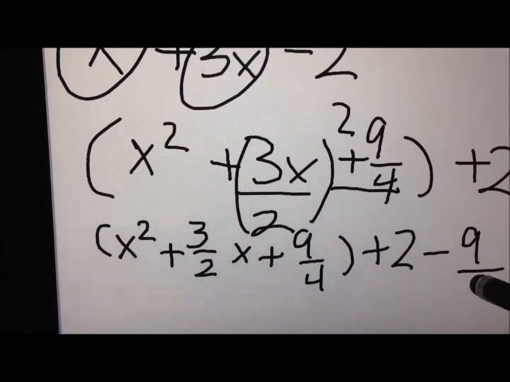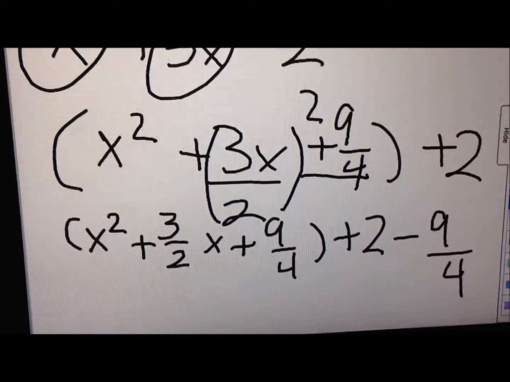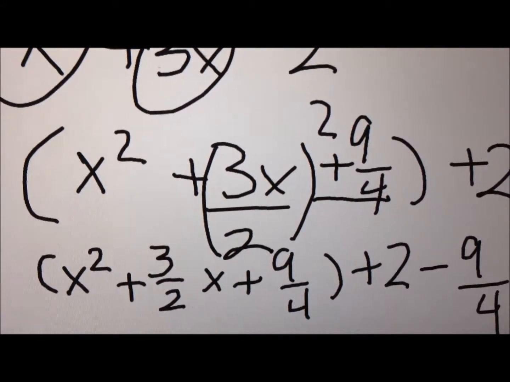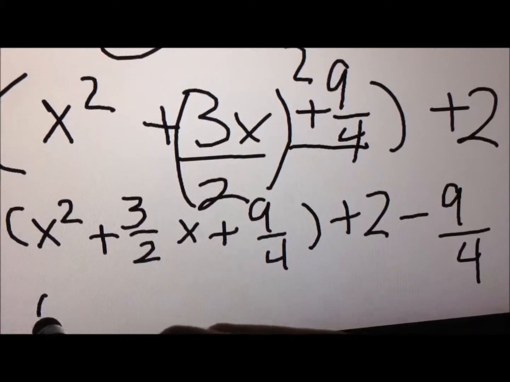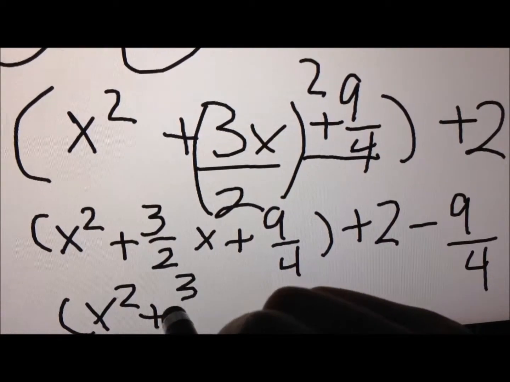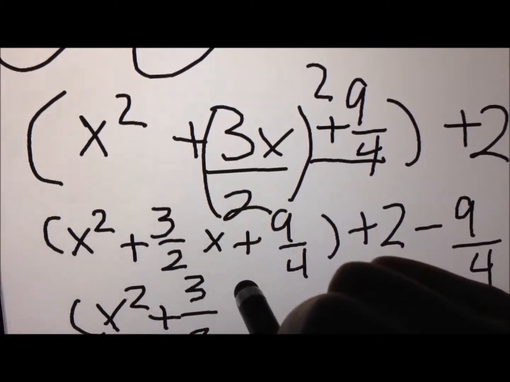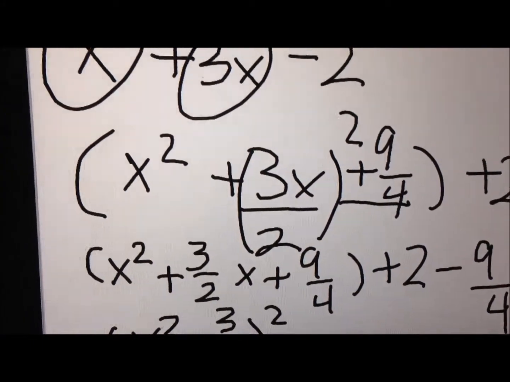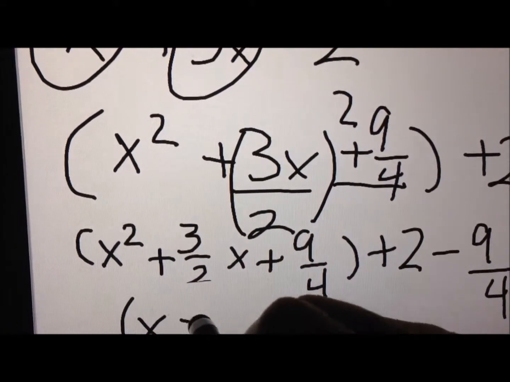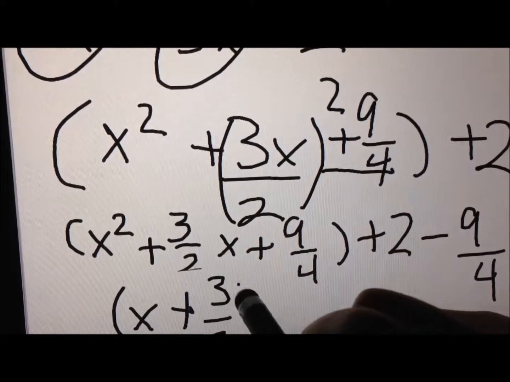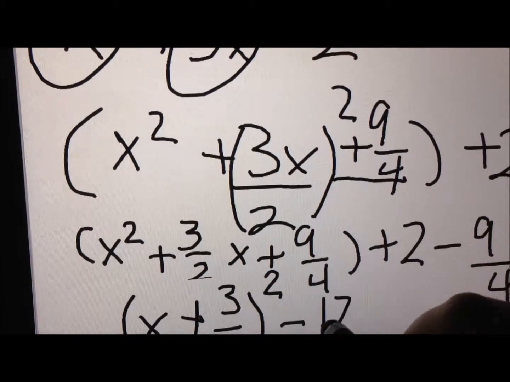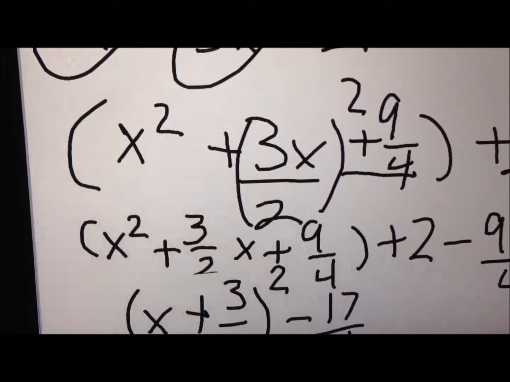You would subtract 9/4 on the outside. And that will give you a total of (x plus 3 halves) squared minus 17/4, and you would leave that last one as an improper fraction.